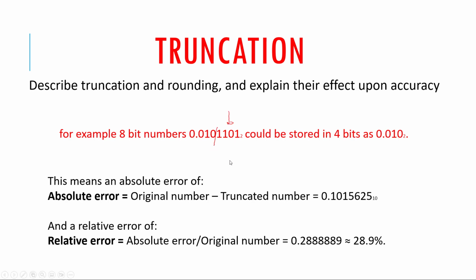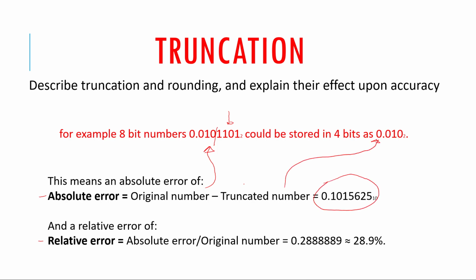Now you need to work out whether that's going to make a serious issue in regards to the accuracy of your number. And to prove it, you're going to have to produce something called an absolute and a relative error. An absolute error is the original number, so that's this number here, minus the truncated number here.